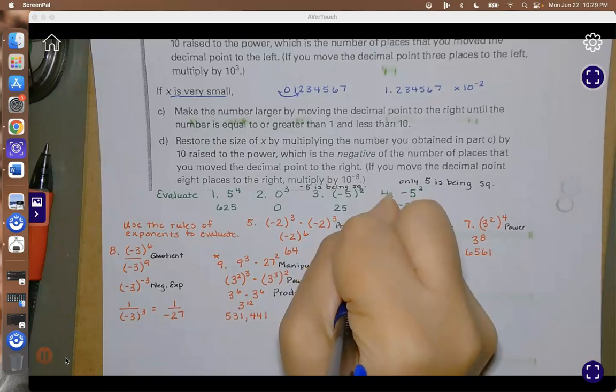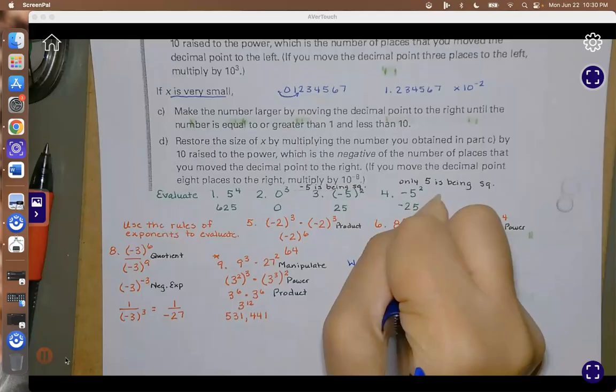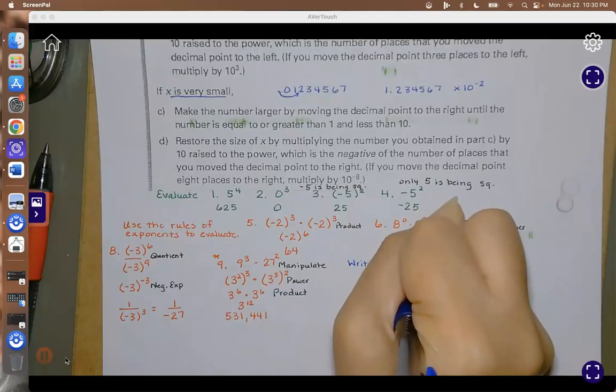Now, the next piece we're going to write in scientific notation.